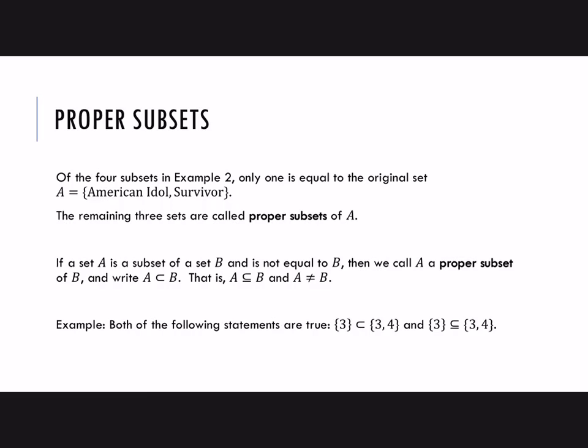Okay, so to be a proper subset, we'll use A and B: a set A is a subset of B, and it's not equal to B. Here it is in symbols. It's a subset of B and not equal to B. And then we say that it's a proper subset, and we have a different symbol. It doesn't have the equal to part of that subset symbol, and that's the part that tells us that it's not actually equal.